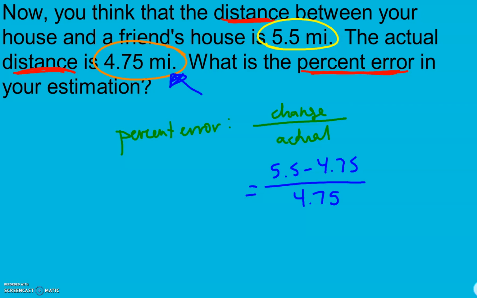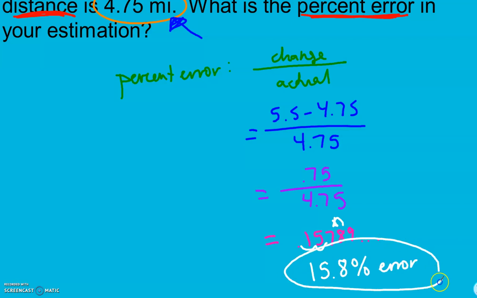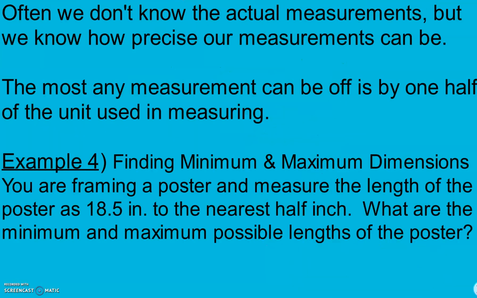According to PEMDAS, we have to do our subtraction first. We divide, and I get 0.15789. We want to write this as a percent, so I'm going to move it 2 places and round it. 8 rounds up. So it's about 15.8% error. Or you could have rounded it to 16.